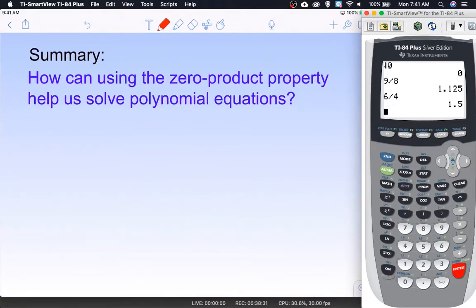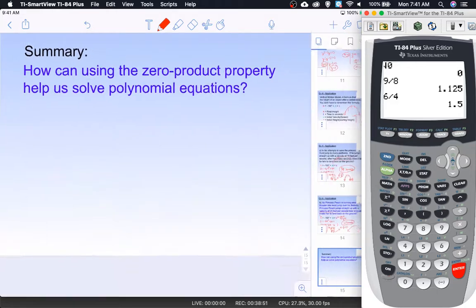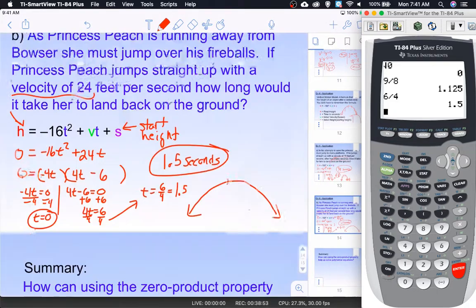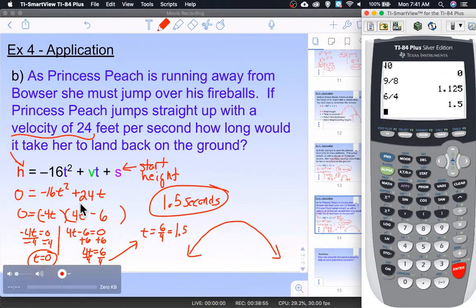Summary: how can using the zero product property help us solve polynomial equations? So think back on all the different times we used the zero product property. How did that help us solve equations? Go ahead and pause the video and think of an answer. Well, it allowed us to solve equations that before this point we had no clue how to solve.